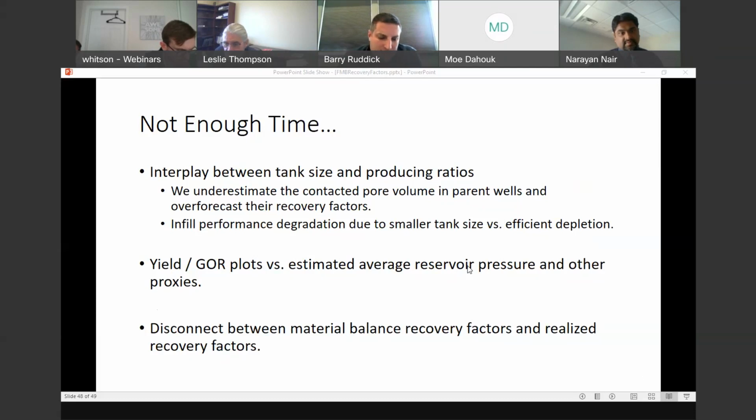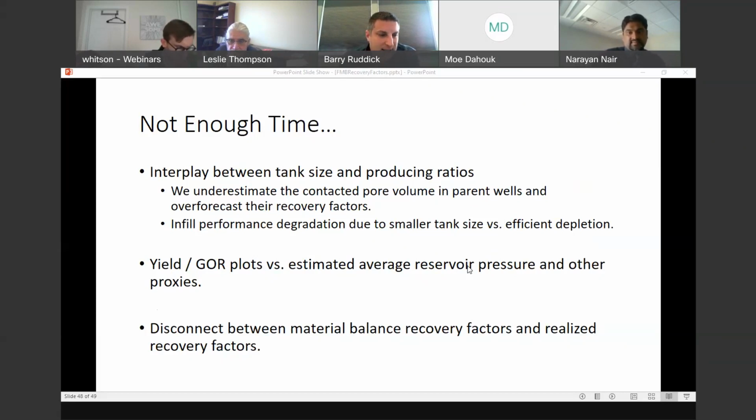I'll take a stab at that. I think the answer to that question is we certainly haven't tried to apply it in such a manner, and I'm not quite sure the techniques as they're developed today would be very enlightening. I think you could obviously make a prediction, and if your well is performing quite differently, you could use that to infer that you might have a different drive mechanism.